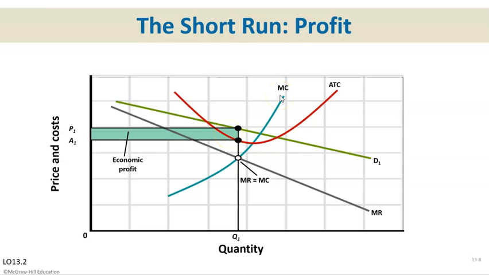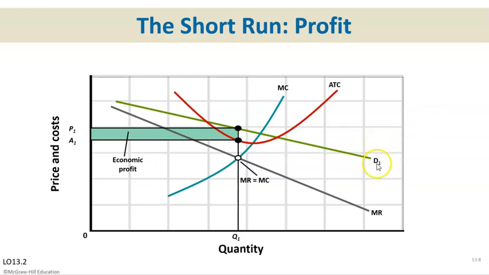Now, what's new with this type of industry compared to the monopoly is that when there's economic profit to be made, it's going to cause more firms to enter this market. So positive economic profit means more firms will enter. Now remember, they don't have the entire demand curve.